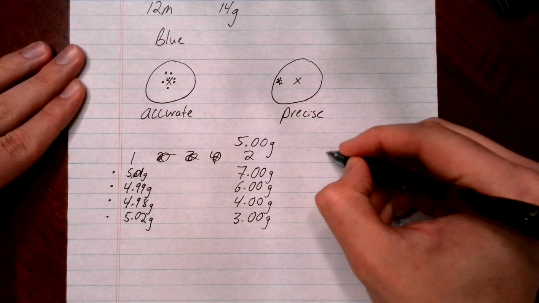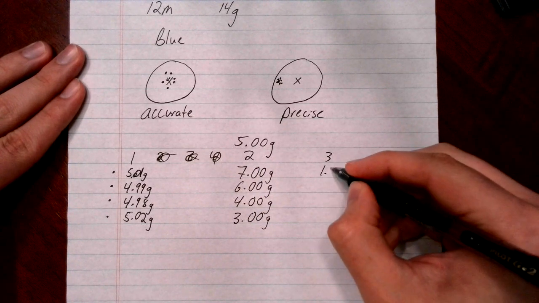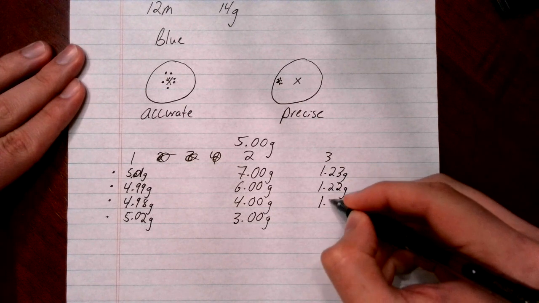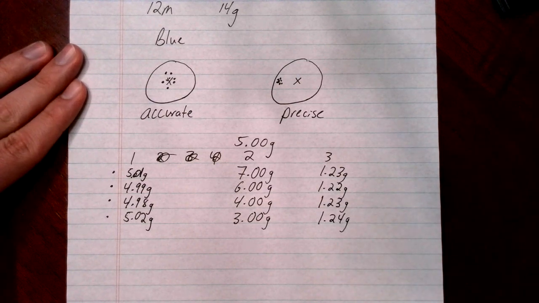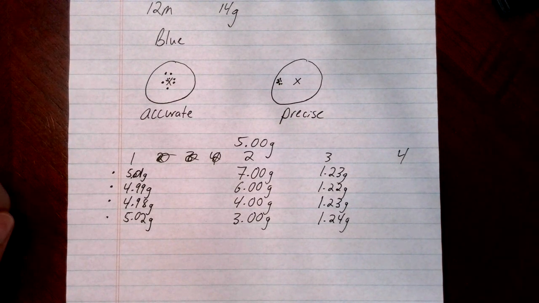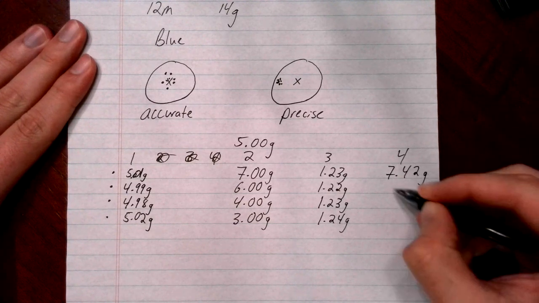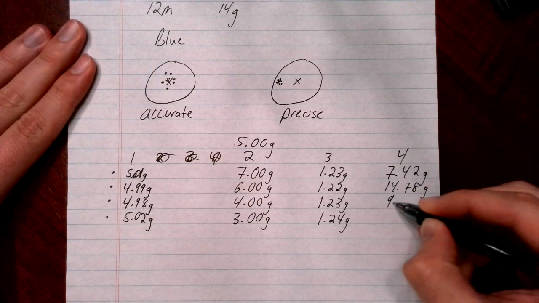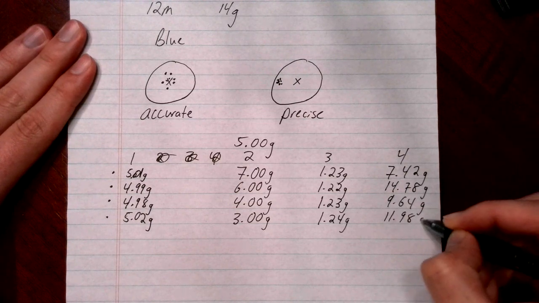So student 3 might measure whatever this object is as weighing 1.23 grams, 1.22 grams, 1.23 grams, and 1.24 grams. And then student 4 may come in and they record these measurements: 7.42 grams, 14.78 grams, 9.64 grams, and 11.98 grams.